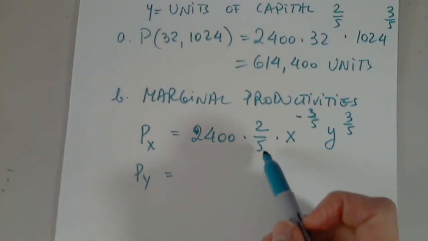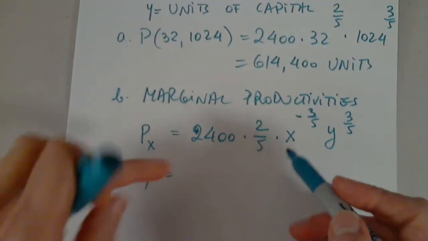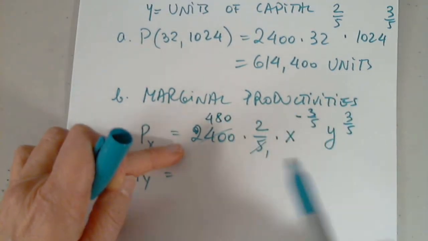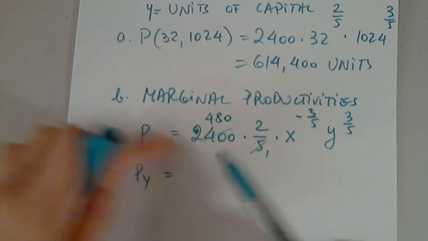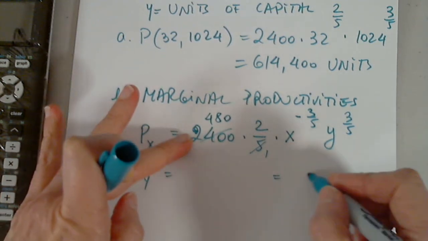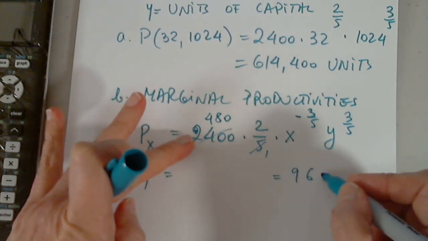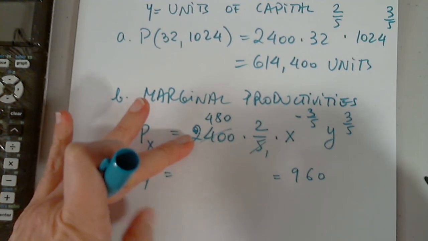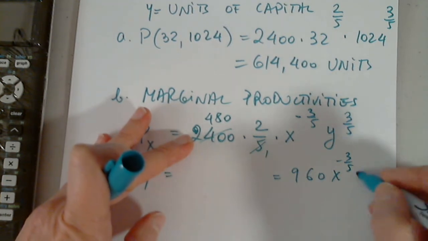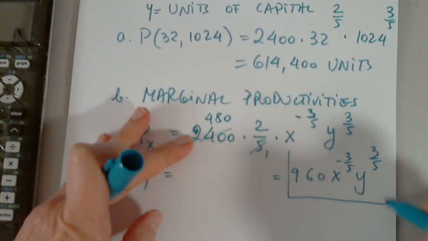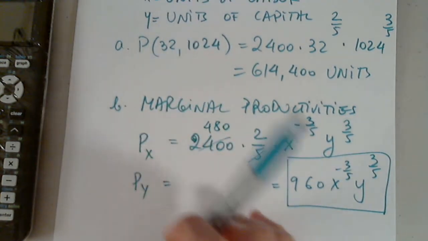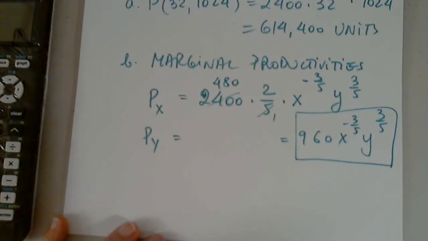I will try to simplify it a little bit. So when I simplify by 5, what do I get? So I get 480. And then I multiply by 2. What do I get when I multiply by 2? 960. And X to negative 3/5 and Y to 3/5. This is the marginal productivity for the units of labor when we keep the units of capital fixed.